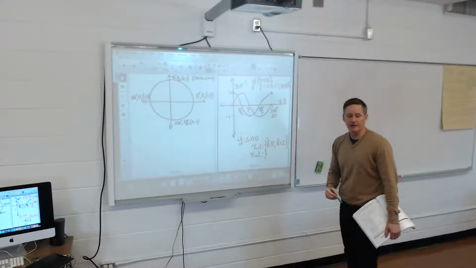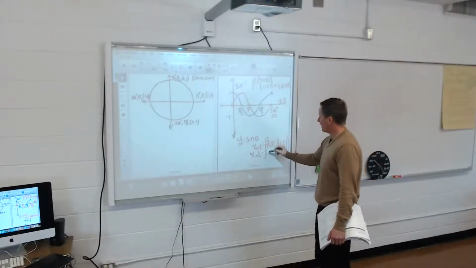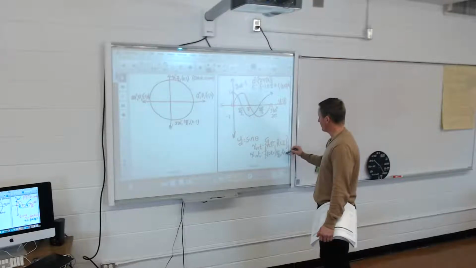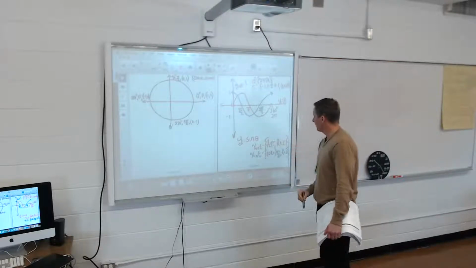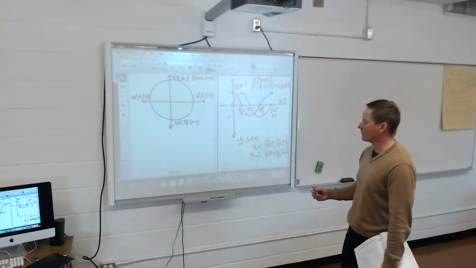Okay, so now this is brand new notation for us. We haven't seen this notation. I'm going to write it as (2k plus 1) pi over 2, where k is an integer. 2k plus 1 means that I'm always going to have an odd number.